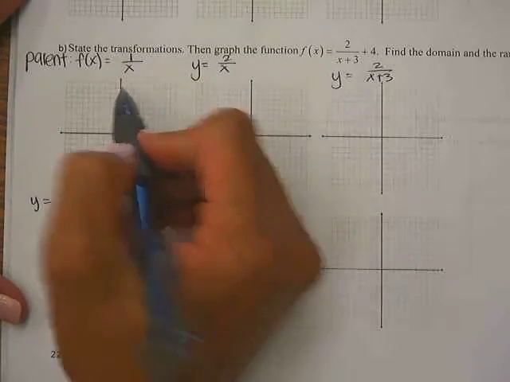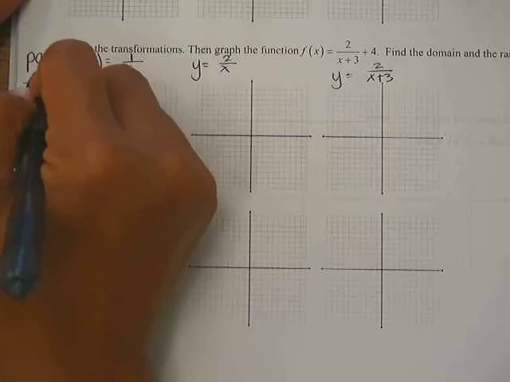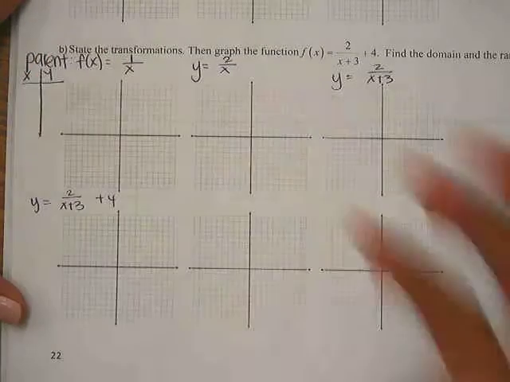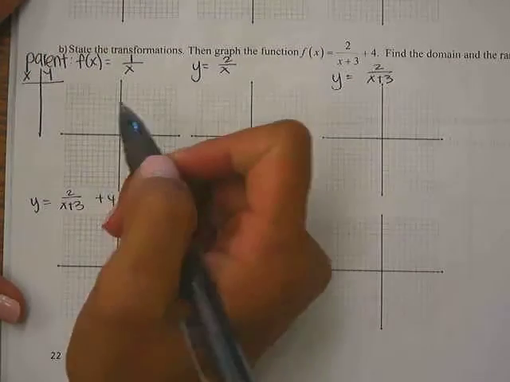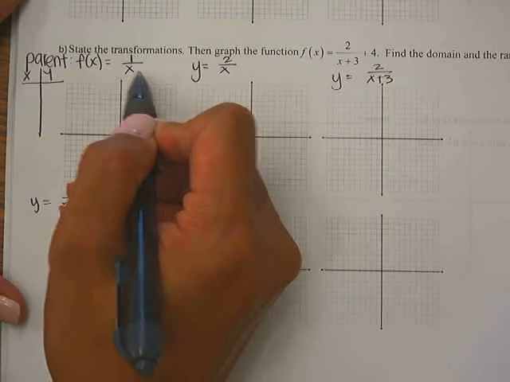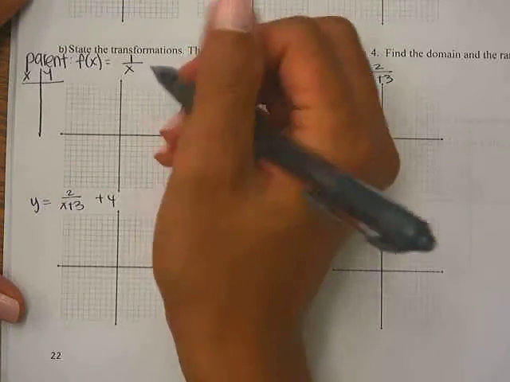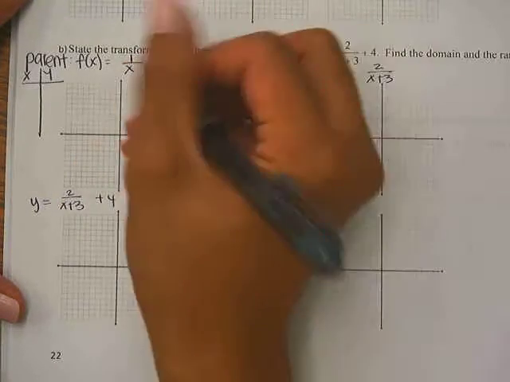Okay. So this is your parent function. Make an input and output chart. Remember, we have a vertical asymptote, a VA, at x equals 0. So this is our line, because x can never ever be 0. Remember this?